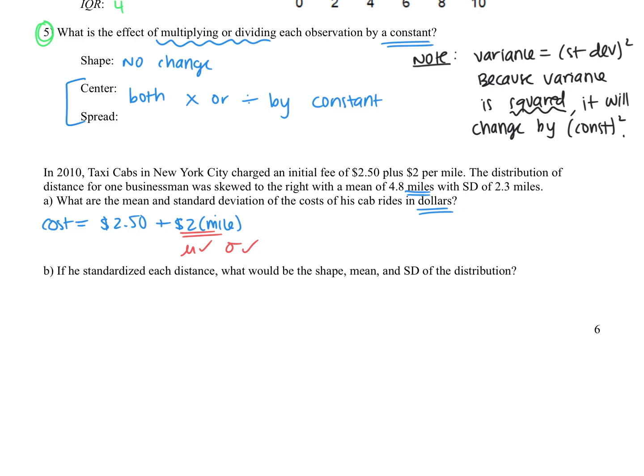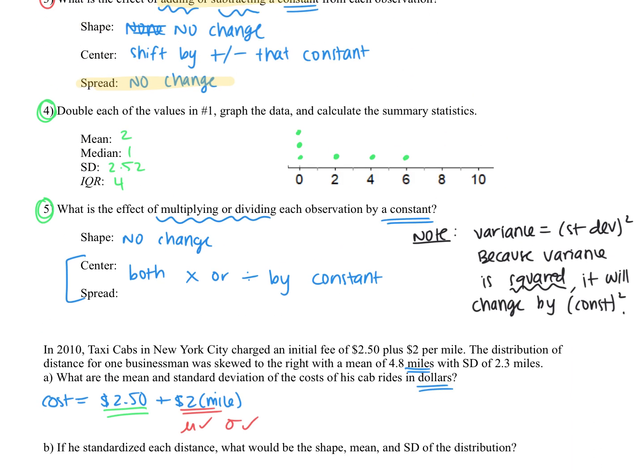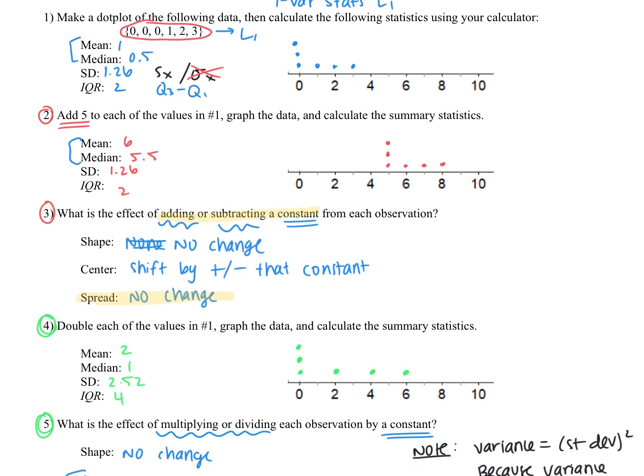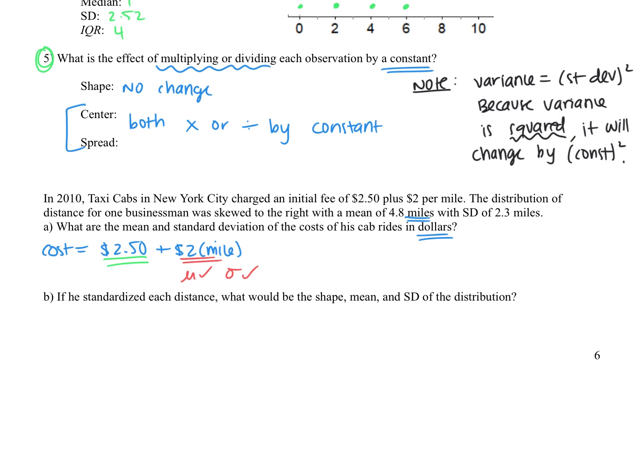Now we have to think about, if we add 2.50 to every observation, does that change the mean? Look above. When we added 5 to everything, did it change the mean? Yes. Okay, great. So when we add 2.50, it does change the mean. Does it change the spread? No, because all it does is take your dot plot and shift it.